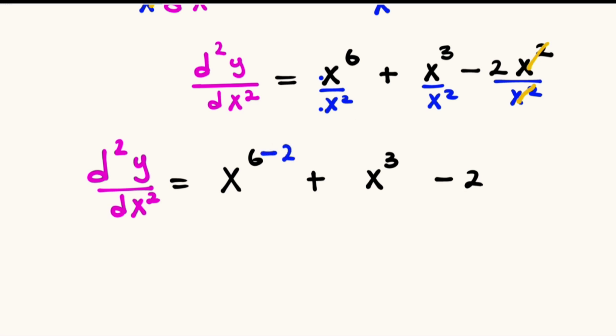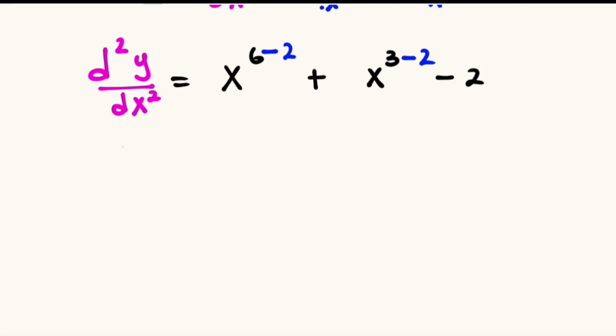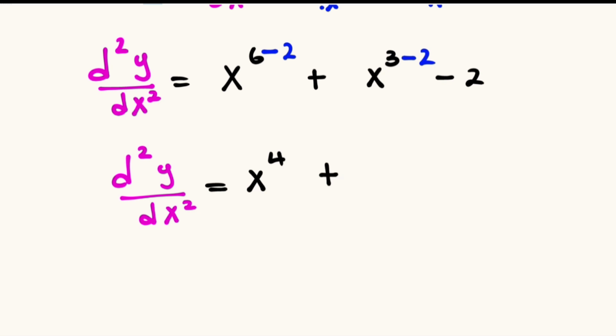So this will be 6 minus 2, and here we have x raised to the power 3 minus 2, and the second derivative of y with respect to x will be equal to x to the power 4 plus x minus 2.